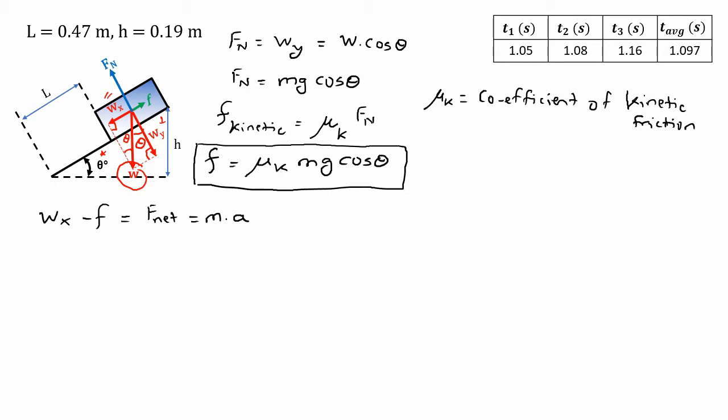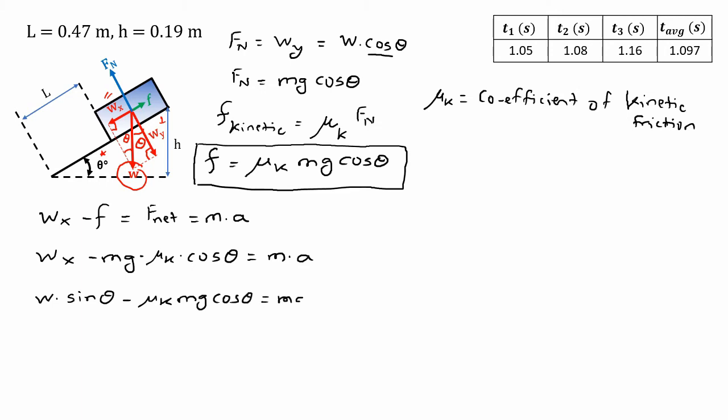Okay. So Wx minus friction, which is mu k times mg cosine theta, equals mass times acceleration. Now if the y component of the weight uses cosine, then the x component is going to use sine. So W times sine theta minus mu k mg cosine theta equals ma.